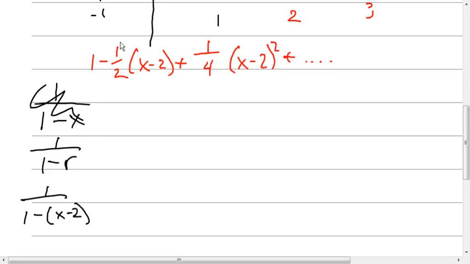But we've got the c's now, 1 minus 1/2 plus 1/4.